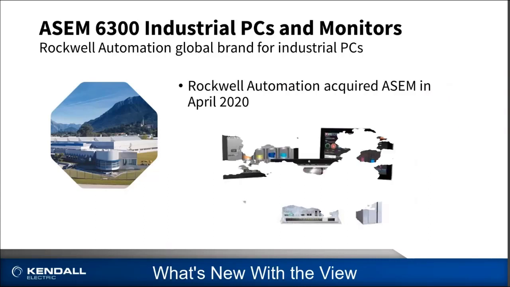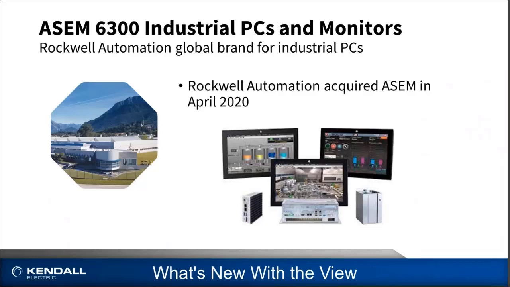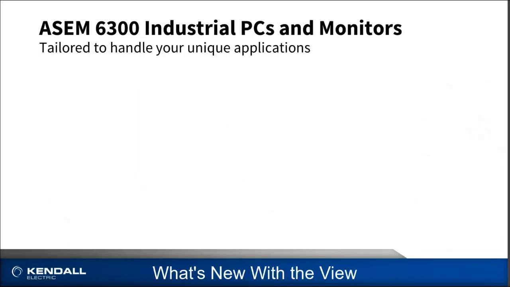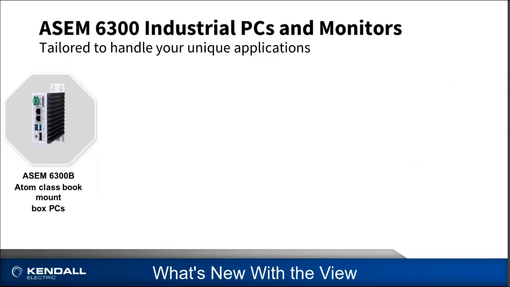Let me introduce you to this new line of industrial PCs and monitors. Here is our product portfolio for the Awesome 6300 industrial PCs and monitors. The first of our box PC solutions is an Atom class book mount.